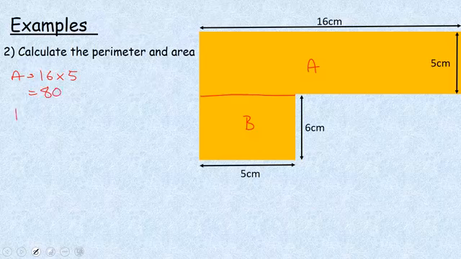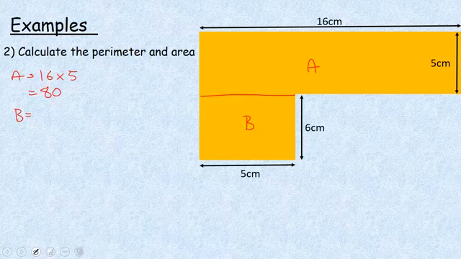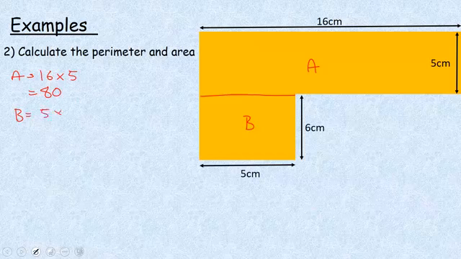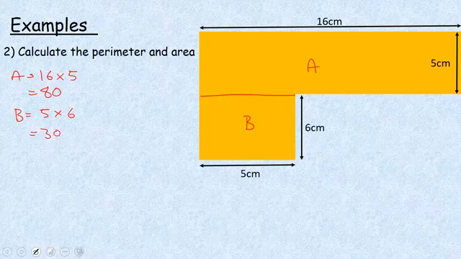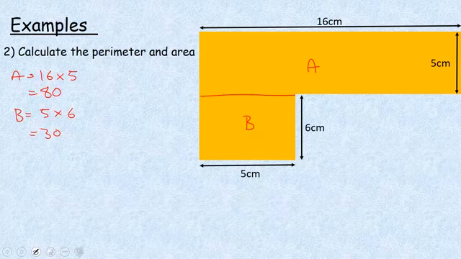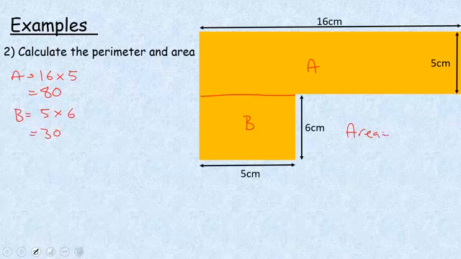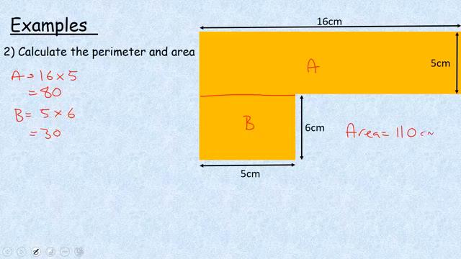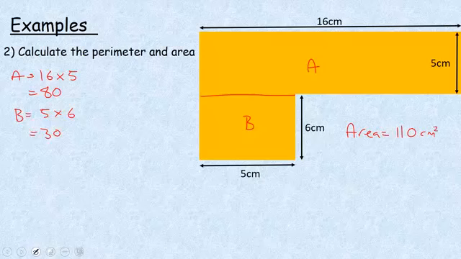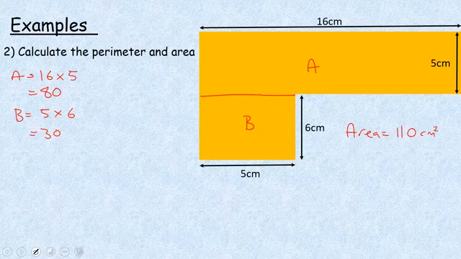And then for B, I can see I've got a width of 5 and a height of 6. So I can just say 5 multiplied by 6, which is 30. And then adding those two together, my area is 80 plus 30 is 110 centimeters squared.